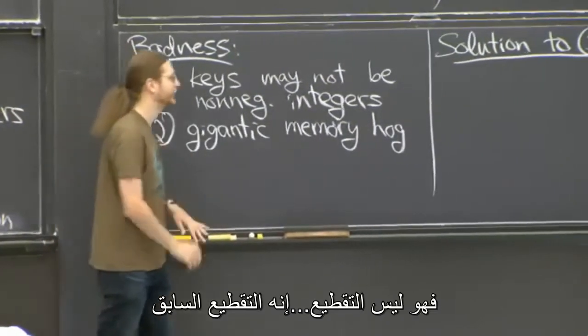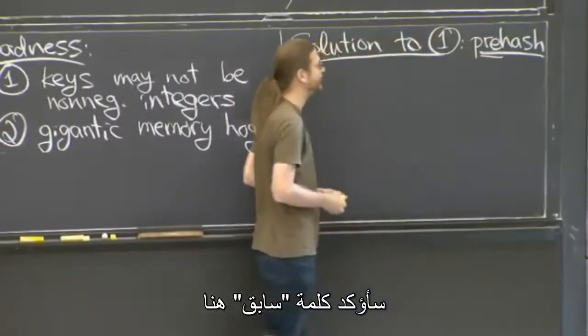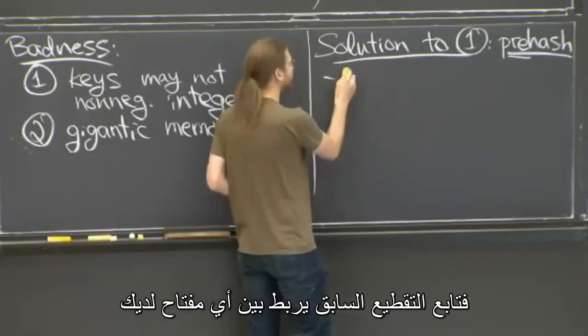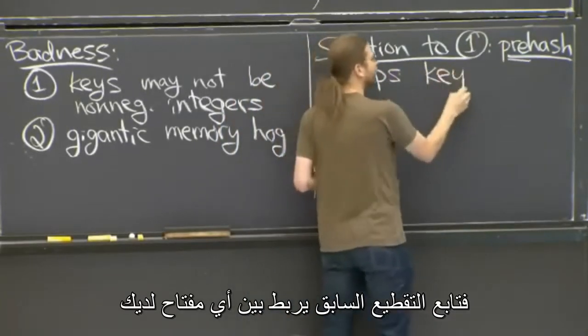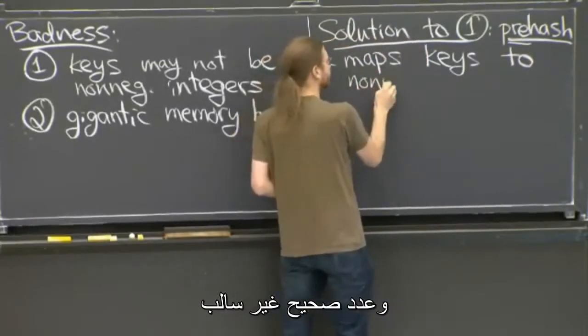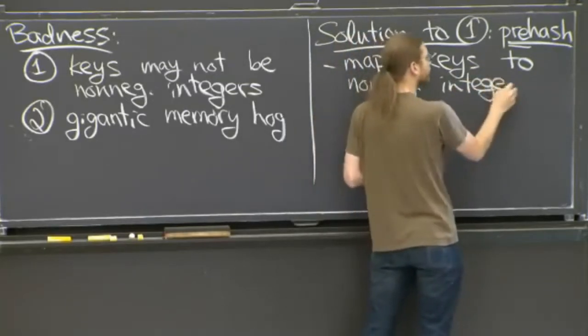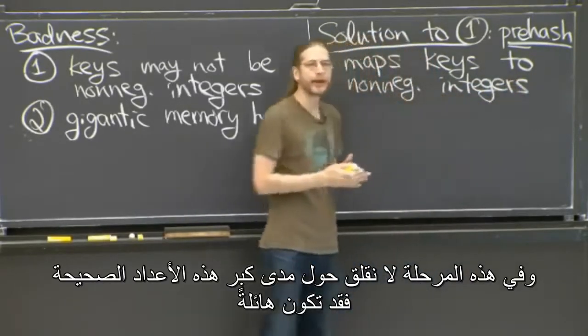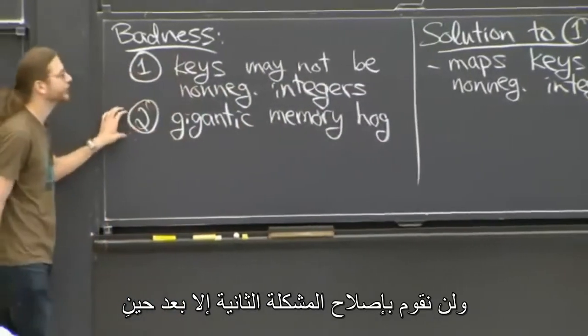It's not hashing, it's pre-hashing. A pre-hash function maps whatever keys you have to non-negative integers. At this point, we're not worrying about how big those integers are. They could be giant. We're not going to fix the second problem until later.